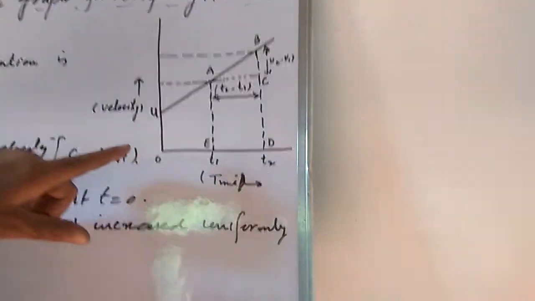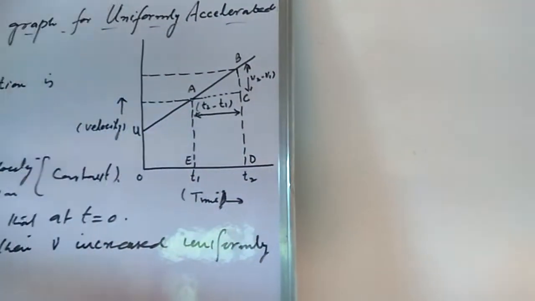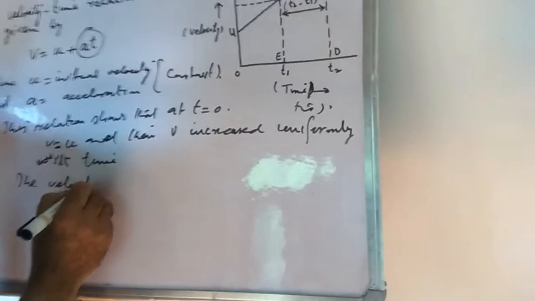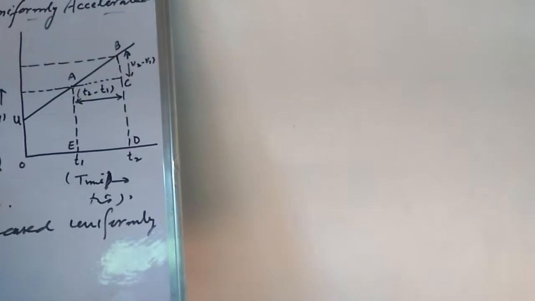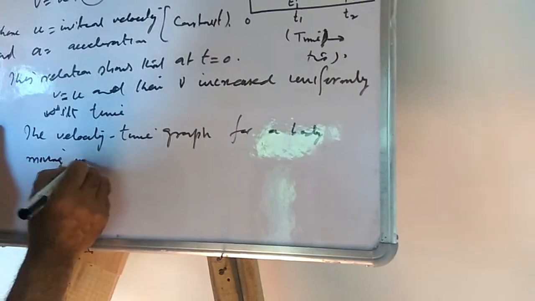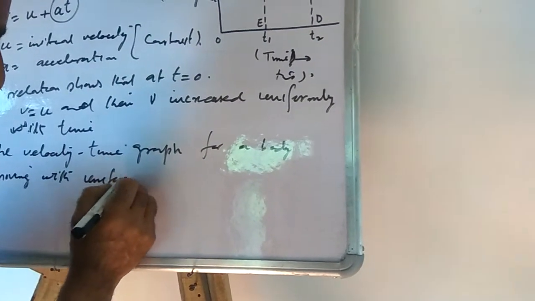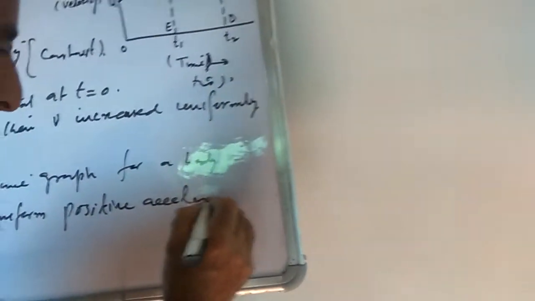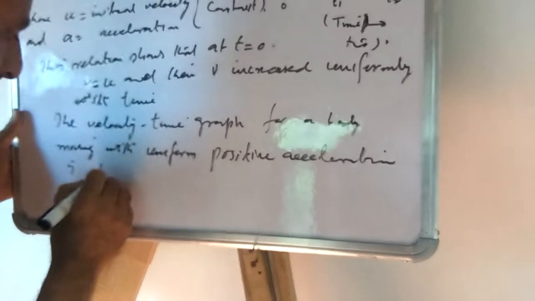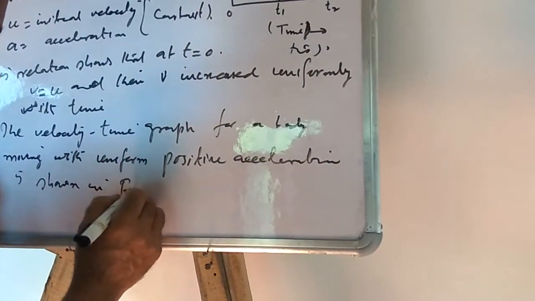The velocity time graph for a body moving with a uniform positive acceleration is shown in figure first.